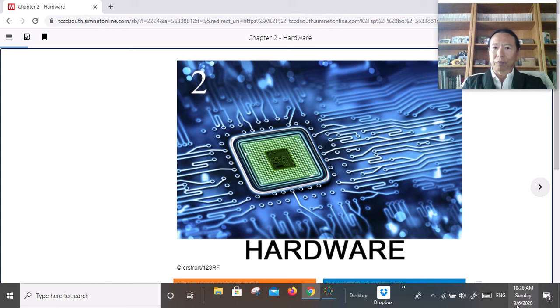When you get yourself a new computer, we're not talking about an Apple computer, we're talking about a non-Apple computer. Say you get a Dell computer. It comes with an operating system, Microsoft Windows 10. It does not come with PowerPoint software.